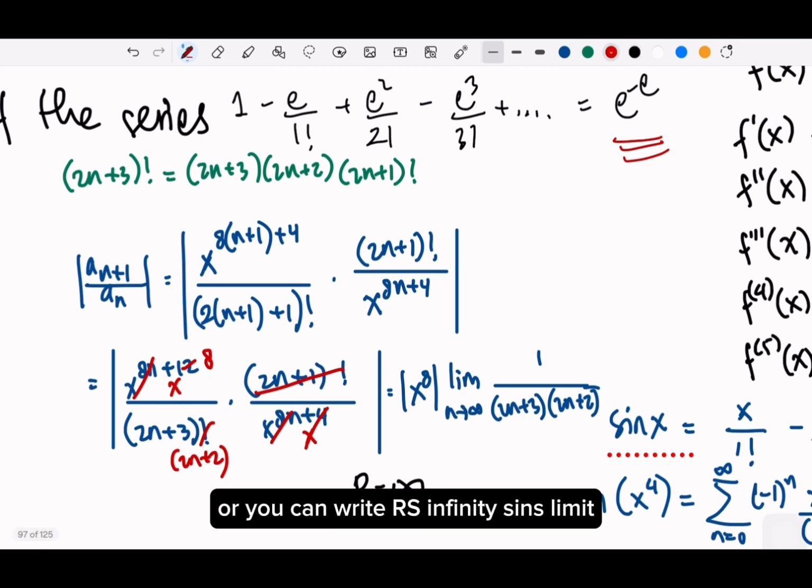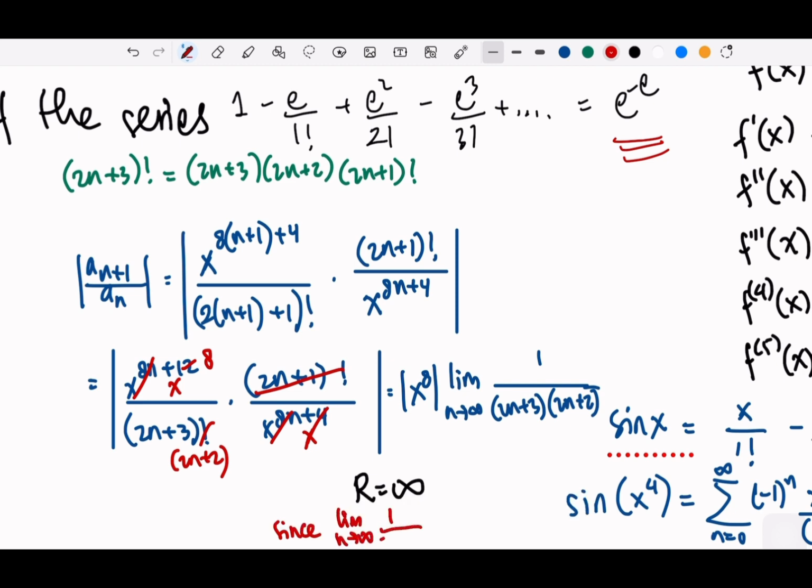Or you can write R is infinity since the limit is 0.